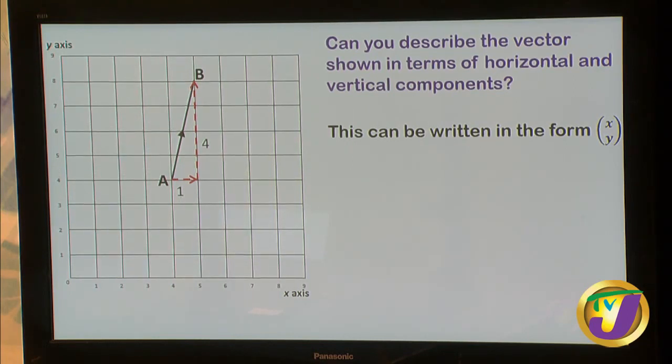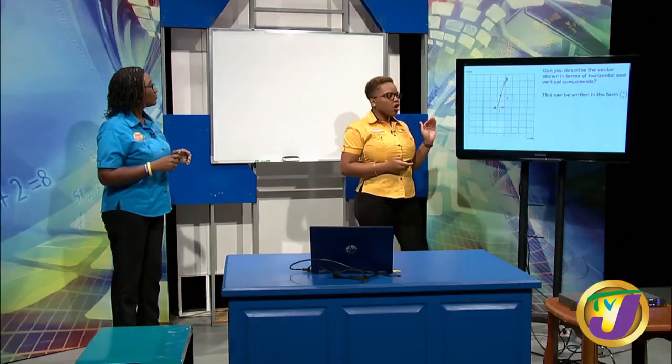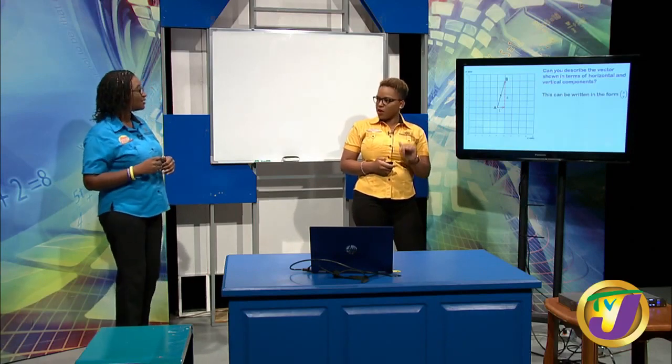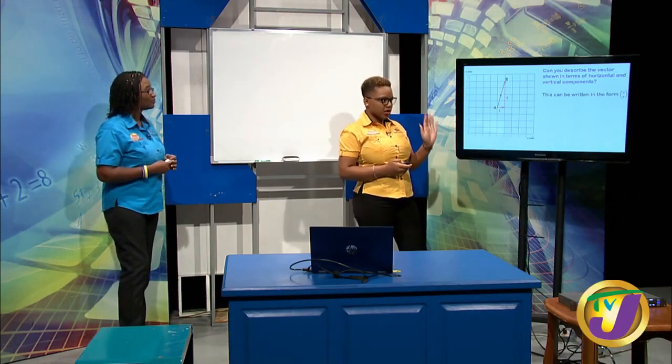In other words, that movement is parallel to the x-axis. And the y component speaks to our vertical movement, so that would be parallel to our y-axis. So we always have to take into consideration our horizontal movement first, and then our vertical movement.